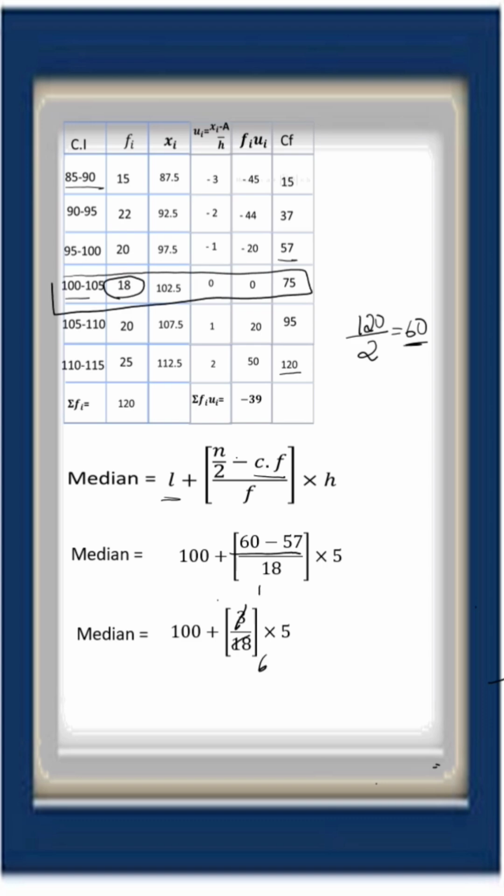It is left to you. 5 by 6, how much is it? 6 eights are 48, carry 2, 6 threes are 18, so 0.83. Okay. So median is equal to 100 plus 0.83, which is equal to 100.83.